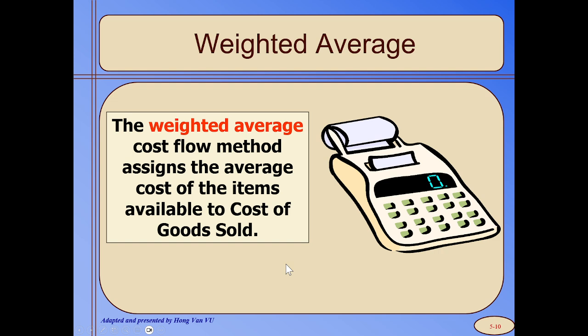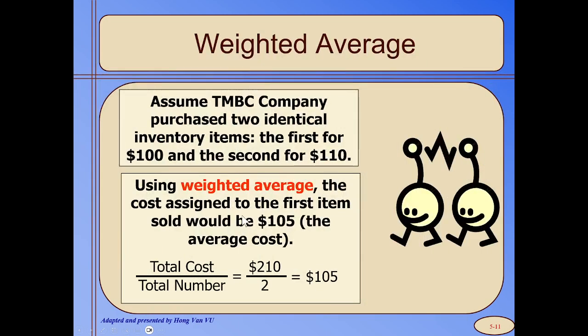Another method we call the weighted average cost. The weighted average cost flow method assigns the average cost of the items available to cost of goods sold. Assume a TMBC company purchased two identical inventory items, the first for 100 and the second for 110. Using the weighted average, the cost assigned to the first item sold would be 105.